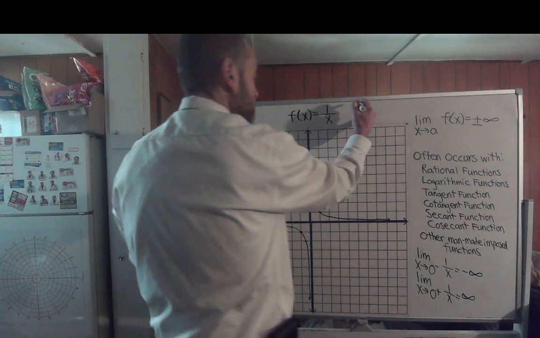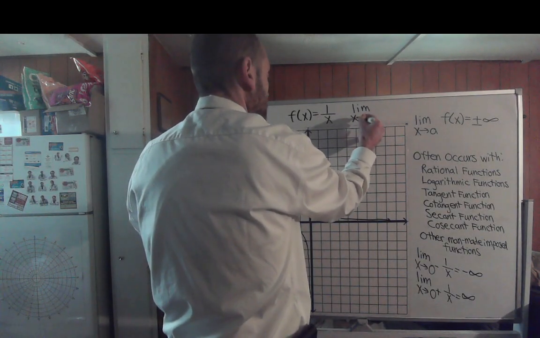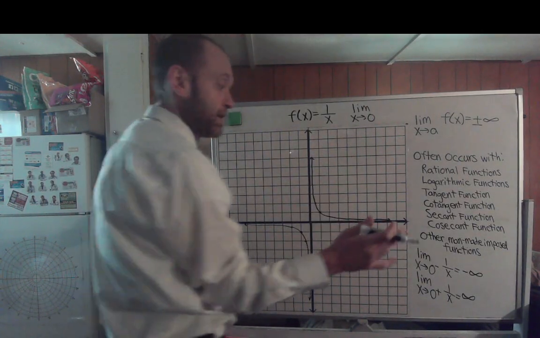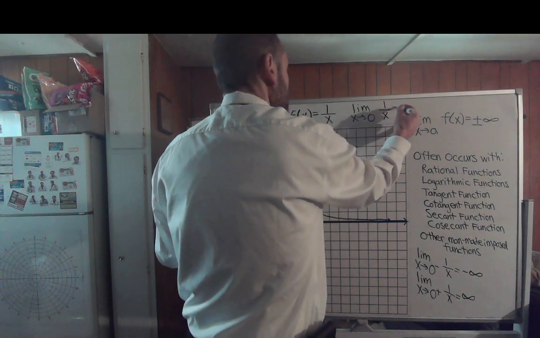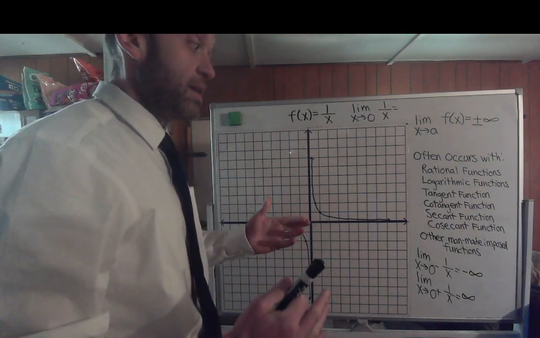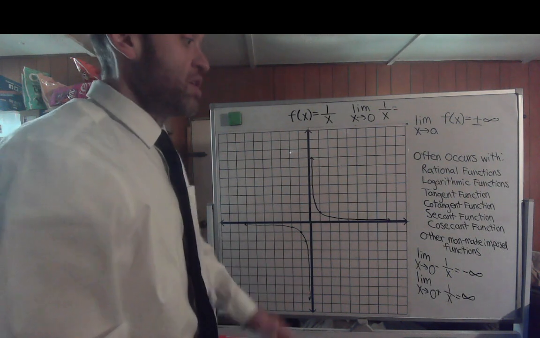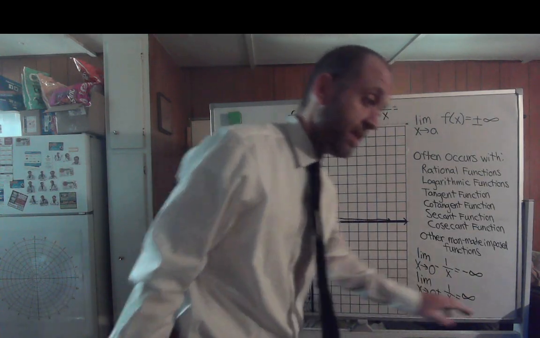Well, this again ties into one-sided limits. I'm going to write it up here. So if I want to now evaluate the limit as x approaches 0, in other words, the general limit of 1 over x, if we remember from yesterday's lesson, the left-handed limit must exist, the right-handed limit must exist, which for all intents and purposes, we're going to say these two limits exist.